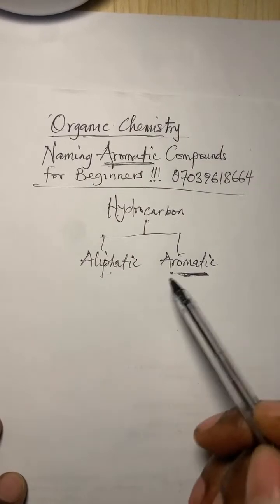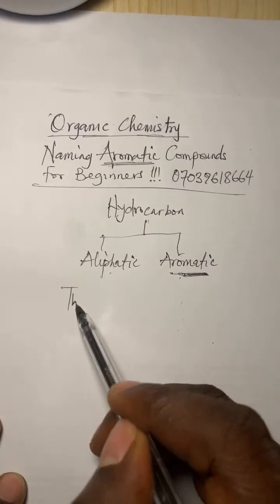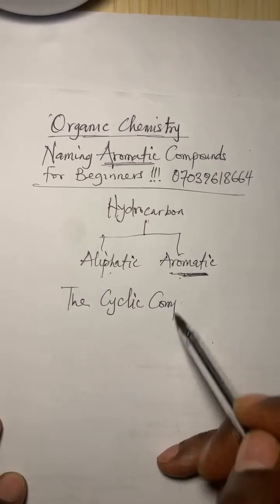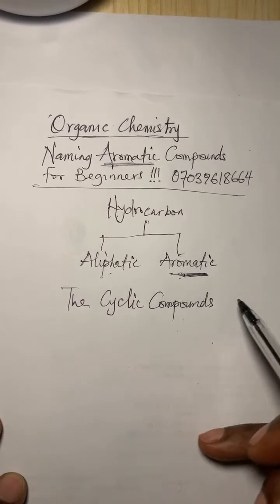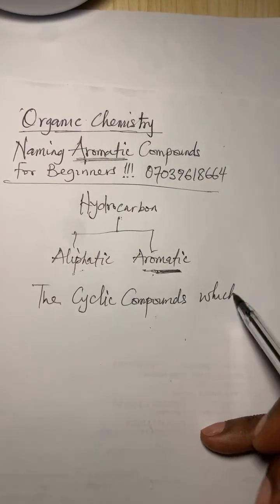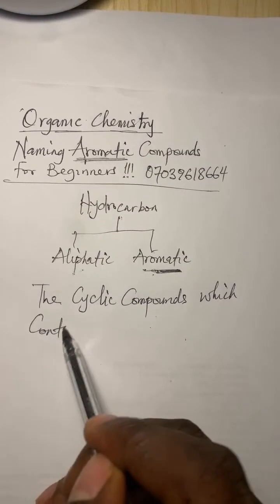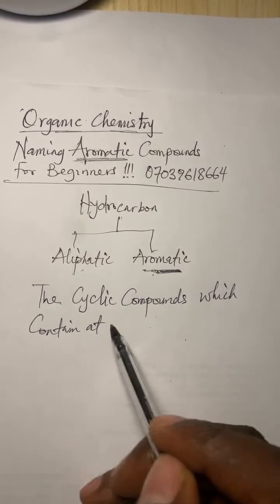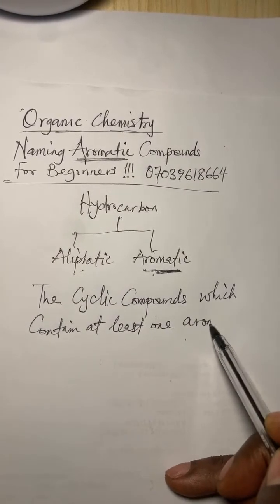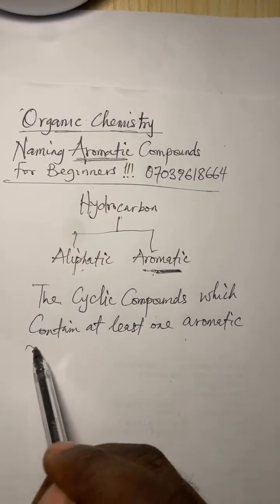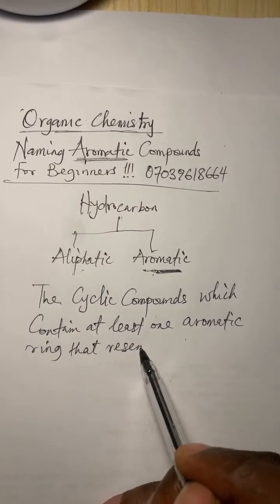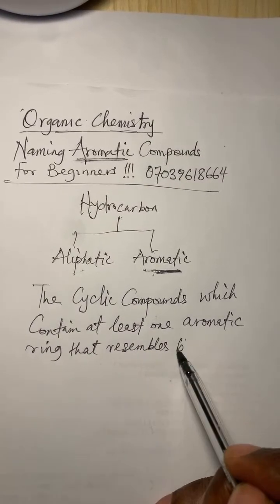Okay, so we said that aromatic is talking about the cyclic compounds which contain at least one aromatic ring that resembles benzene.